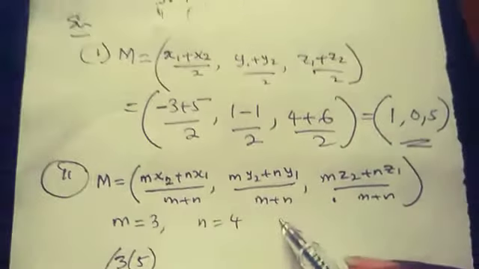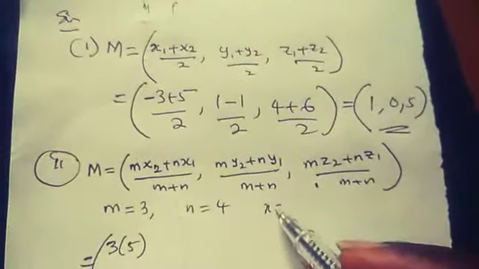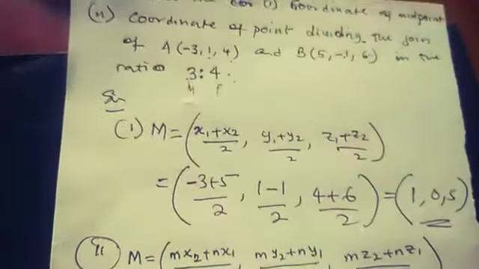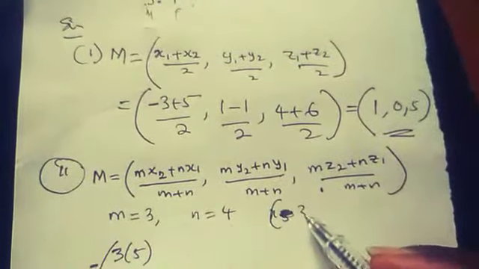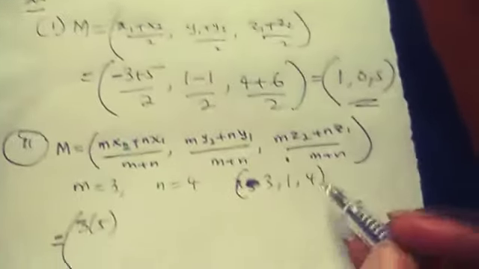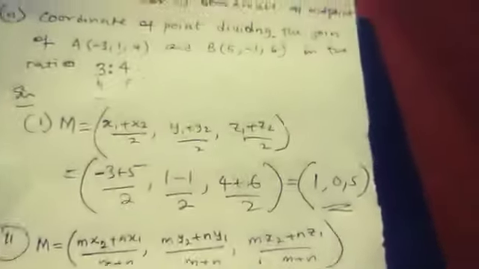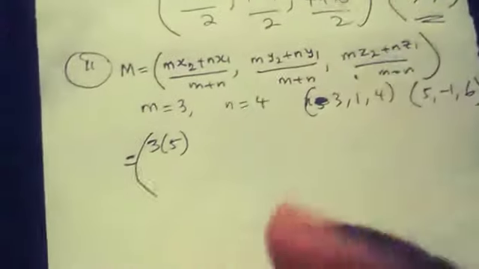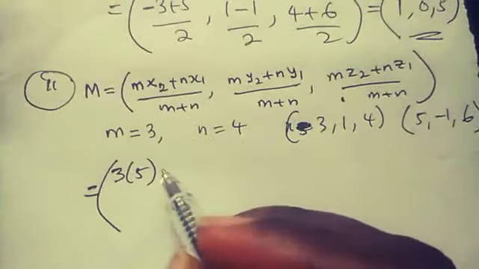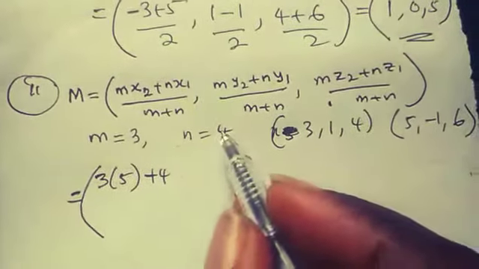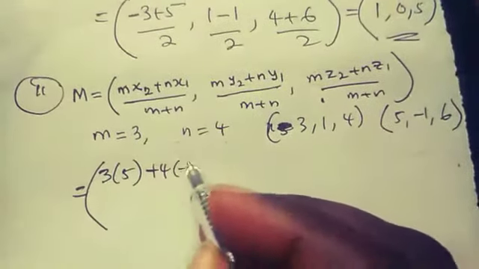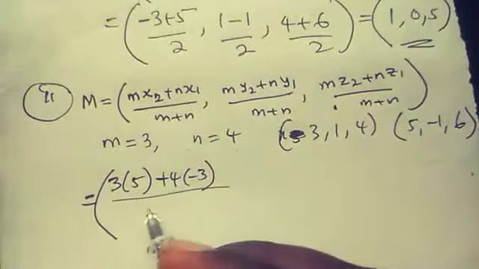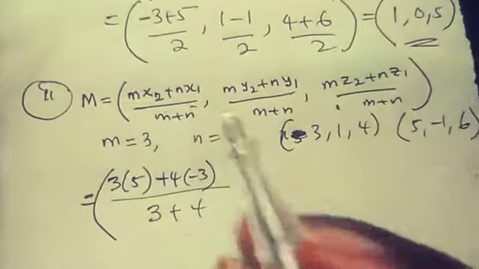So let's quickly write it out. Our s1, let's put the point here. This is (-3, 1, 4), and the second one is (5, -1, 6). Now this is m times s2 plus n, which is 4, times s1, -3, over 3 plus 4, m plus n.